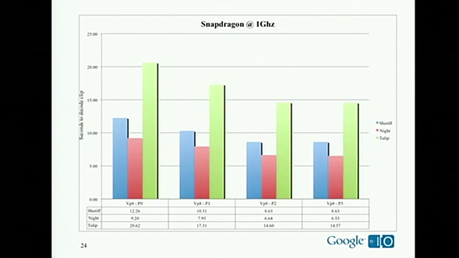It's in your Nexus One phones if you have them. We perform quite well. We can just about do 720p in software, as long as you're not doing anything else. If you had to do audio decode in software or something along those lines, you'd have a little bit of trouble. But we're very, very close.